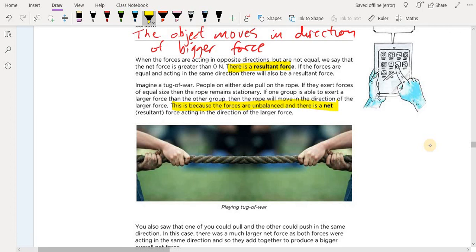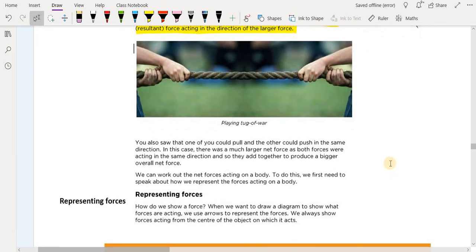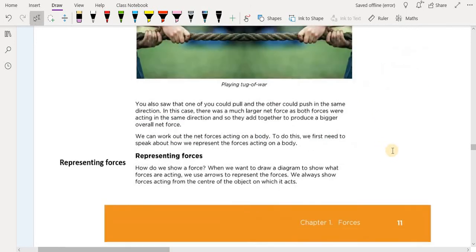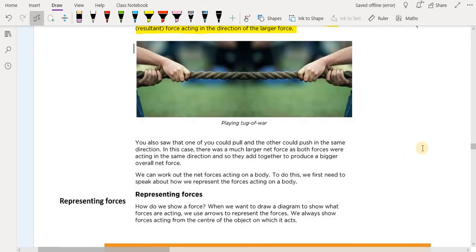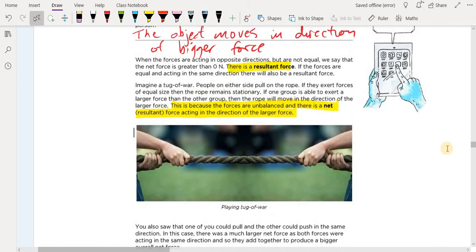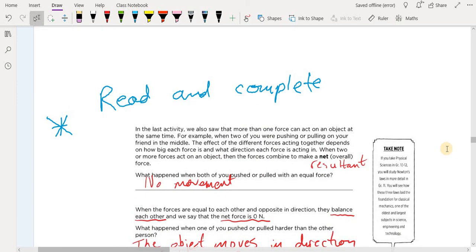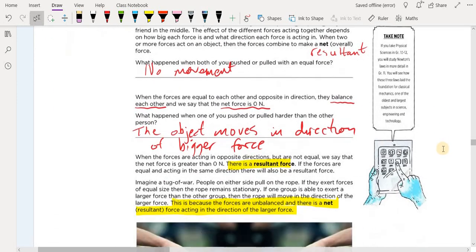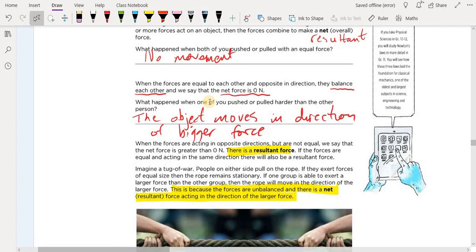The forces are what we call unbalanced. And you have basically the object being pulled. That's where I'm going to stop, and that's the end of lesson 1. You need to go back and find all of the words that you need to put into the definitions page. It's actually in this lesson itself. Thank you.